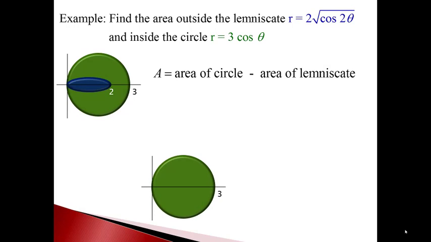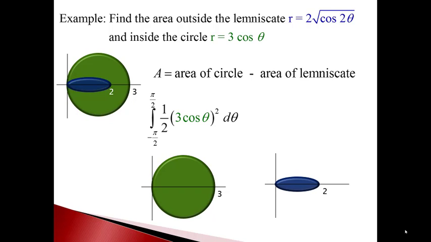The area of the circle is found by the integral from minus pi over 2 to pi over 2 of 1/2 multiplied by 3 cosine theta squared. The limits of integration are found by graphing and using the equation r equal 3 cosine theta.